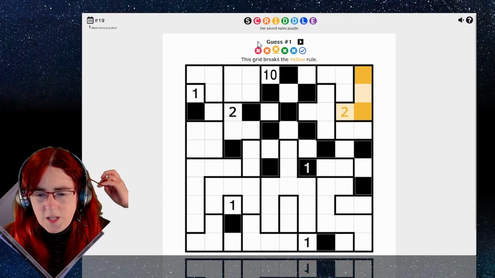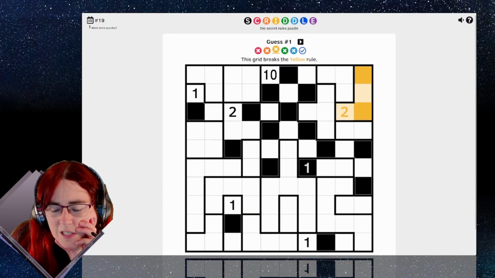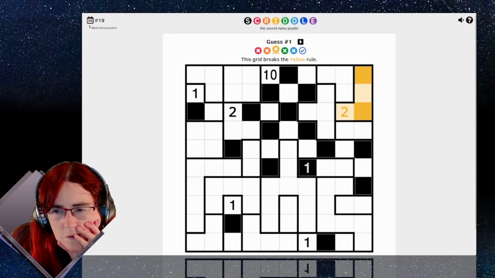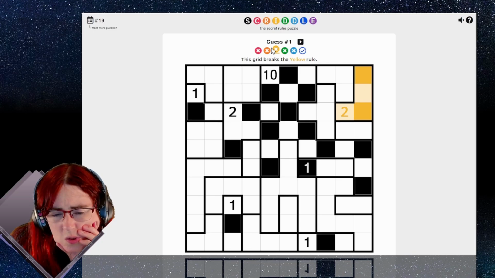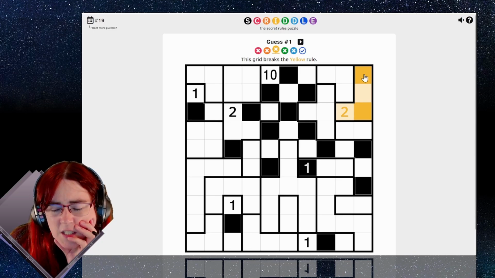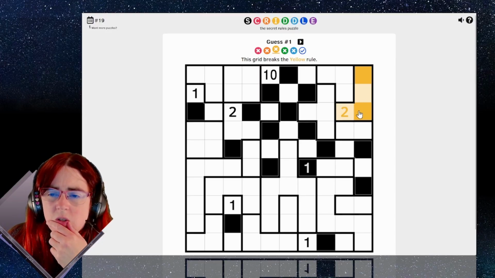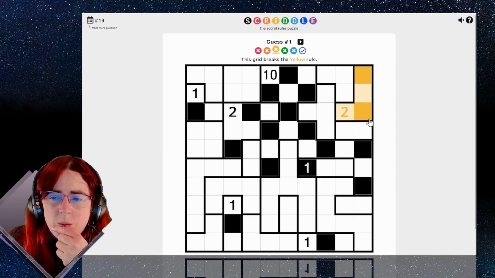So what was okay? Oh, it was okay to have a single shaded cell. I kind of want to maybe put a single shaded cell at one end of the two, or maybe put a clump of 2 shaded cells at one end, and see if that makes a difference.